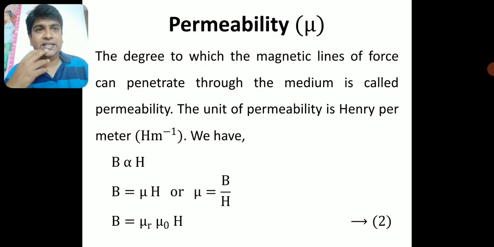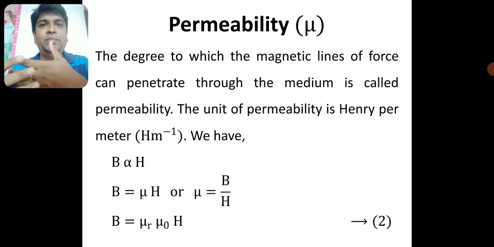You need to understand a very important constant here. It is the permeability. Permeability is the degree to which the magnetic lines of force can penetrate through a medium. It is pertaining to the medium. So take an example of one medium and look for the penetration of magnetic lines of force through that medium.